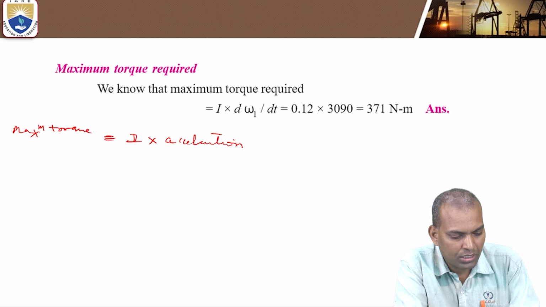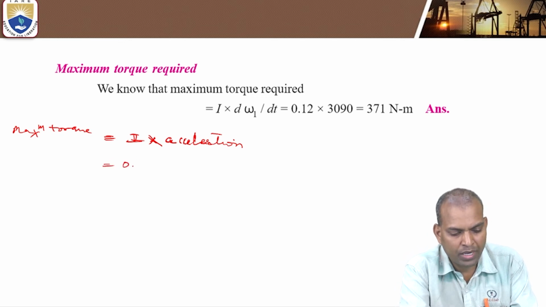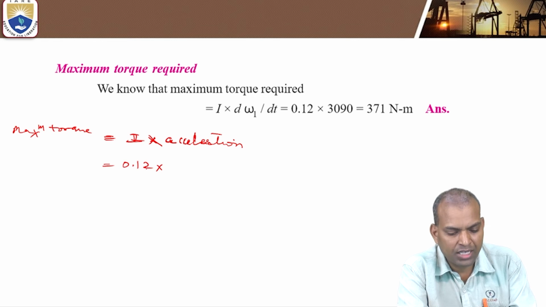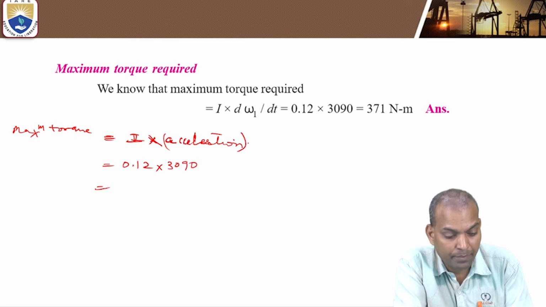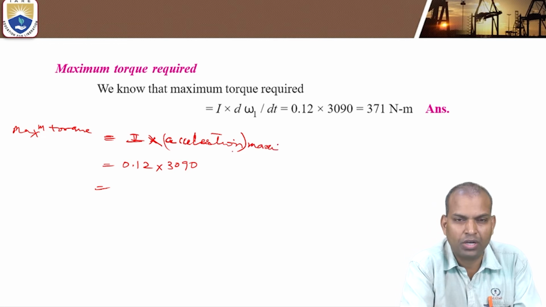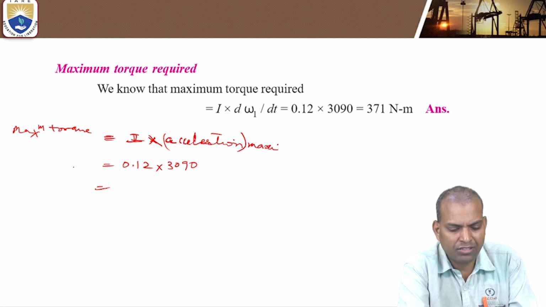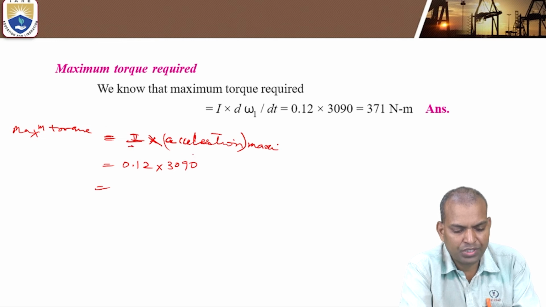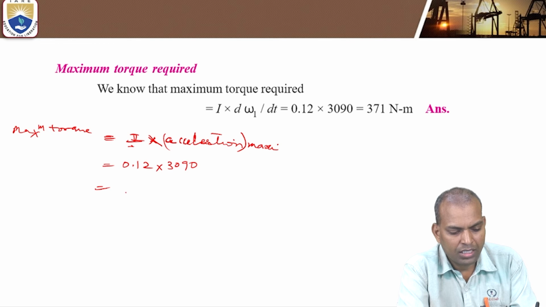The mass moment of inertia I is 0.12 kg·m². The acceleration is the maximum angular acceleration of the driven shaft, 3090. So the torque is 0.12 times 3090, that is 371 newton meters.